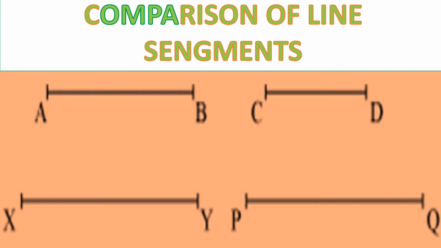By observing, we can tell the first, AB, is longer. In the second figure it is difficult to say which one is longer, because the line segments may or may not be equal. So we have to compare the line segments by using an instrument. It is better.